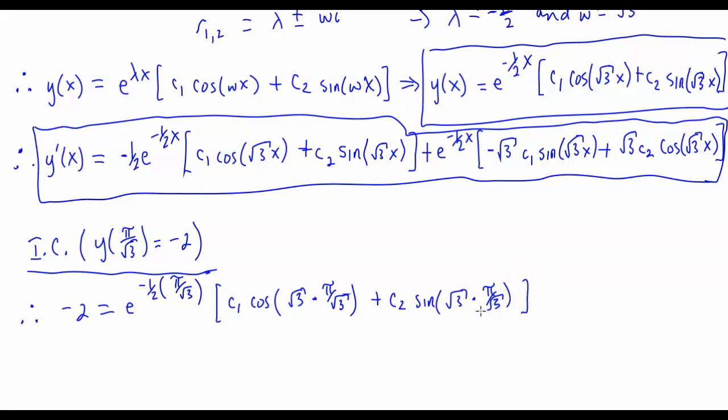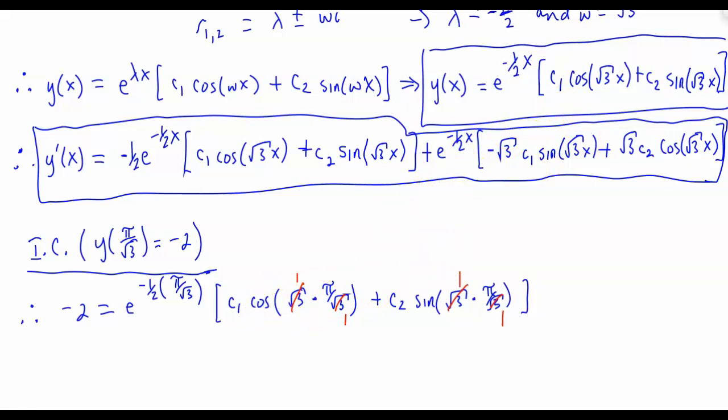Okay. So from here, we know that square root of 3 and square root of 3 reduce to 1. So this will reduce to 1 here. This will reduce to 1 here. And so now what you see is that we have cosine of pi.